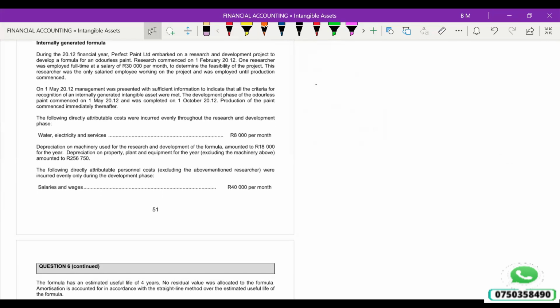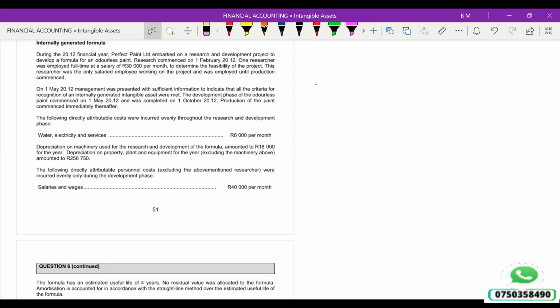The development phase of the odorless paint commenced on 1 May 2012 and was completed on 1 October 2012. Production of the paint commenced immediately thereafter. The following directly attributable costs were incurred evenly throughout the research and the development phase. Water and electricity, 8,000 per month.